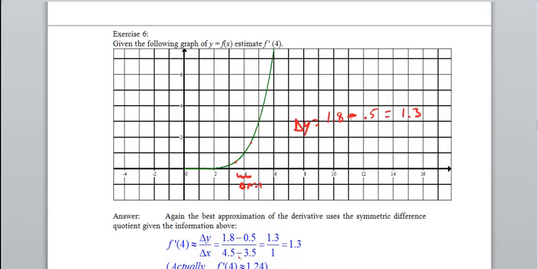Okay, and then of course the delta x is 1, so 1.3 is our estimation or approximation of the derivative. I actually know the formula for this one and know a shortcut or an alternative way of doing this to actually compute the actual limit, and it turns out to be, to 2 decimal places, about 1.24. So 1.3 actually was a pretty good estimation.